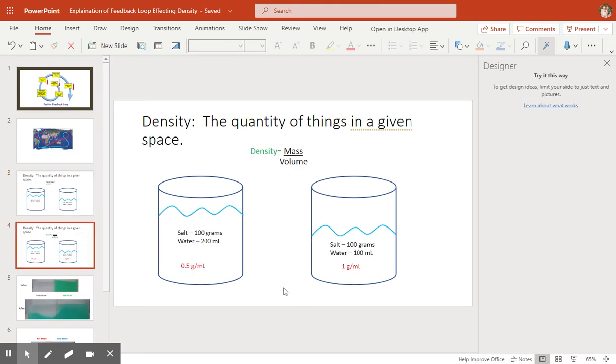We can look at these two containers and actually do the math, and we can see the one with fresh water has a lower density than the one with less fresh water or more salt, because it's cramming more molecules into a single space. So it has a higher density. This is what makes that water sink.